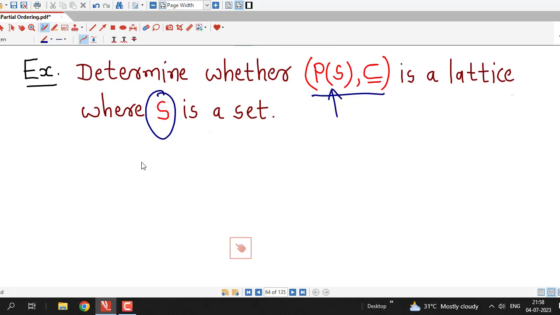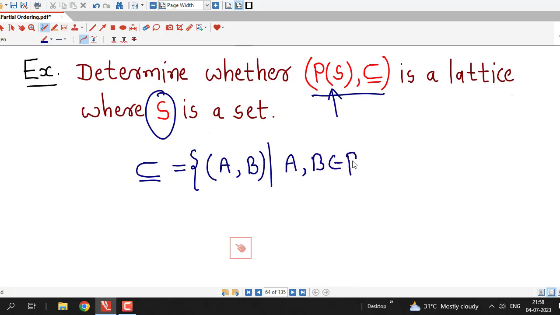So we recall the definition of the inclusion relation. If we have an inclusion relation on some set, then it is the set of all those ordered pairs (A, B) such that A and B are elements of the power set and A is a subset of B. So two sets are related to each other if one set is a subset of the other.